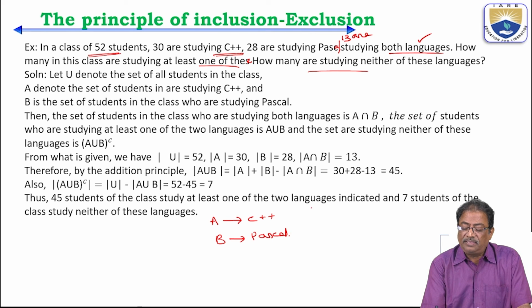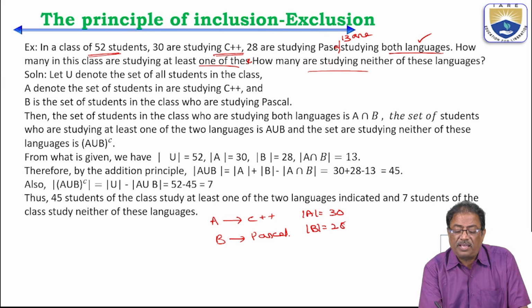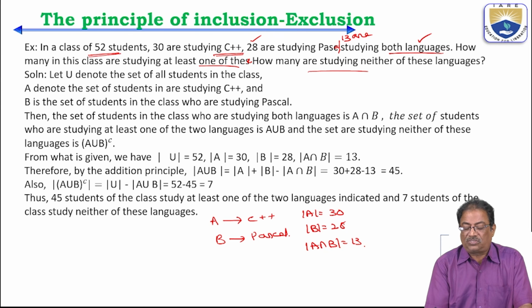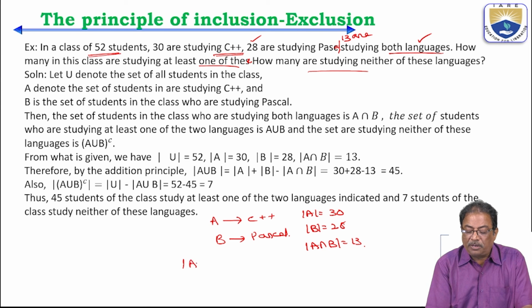So the cardinality of A is 30 and the cardinality of B is 28. Both are studied by 13, so the cardinality of A intersection B is 13. Then we have to calculate at least one of these two languages, which is A union B.